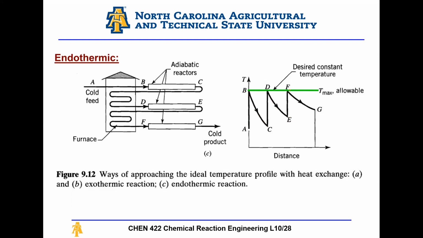However, at the inlet of every reactor, I'm always operating at the maximum operating temperature. And intuitively, if I have more stages, I'm going to get closer to this line. If I can control this drop so that it's not as steep, I can get closer to this line. However, I can never operate above this line because it's the maximum allowable temperature. Okay.